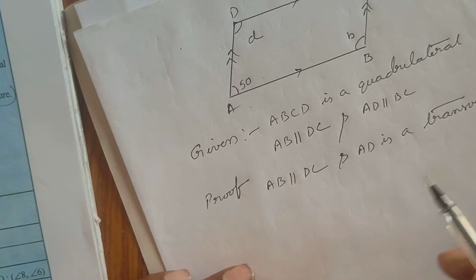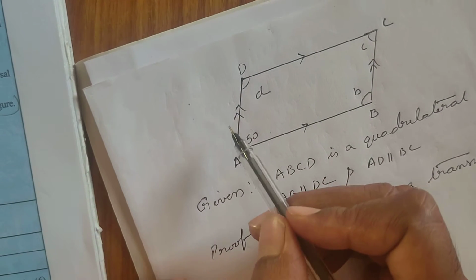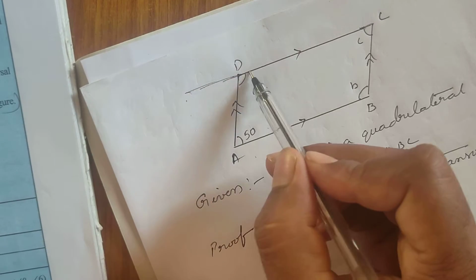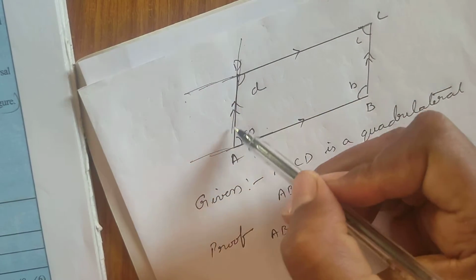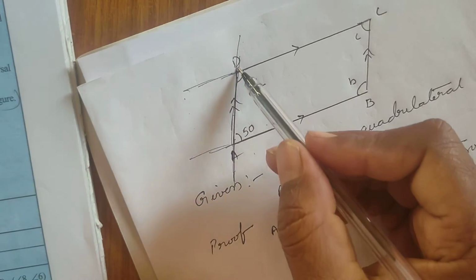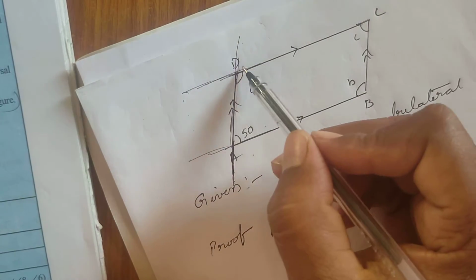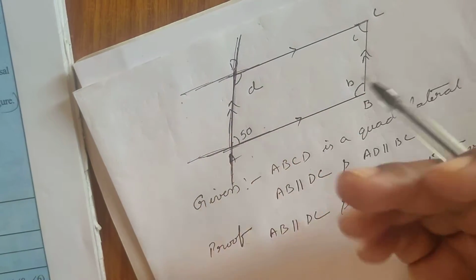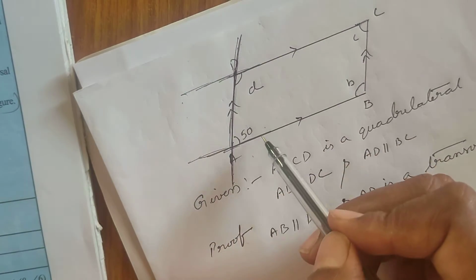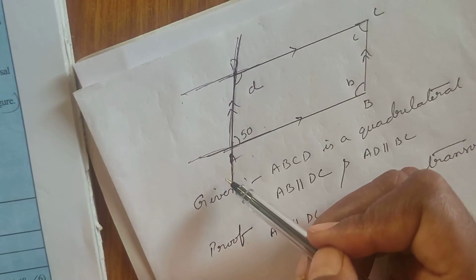For your understanding, I am extending this one. Like this one line is there, like this one line is there, and this is a transversal. No need of drawing like this, just imagine it. It is one line, it is one line, it is a transversal.